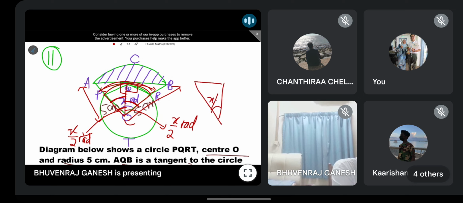You have x bahagi 2. Yang ni adalah 5 because it's the jejari of the bulatan. You want to find this. Kamu nak cari yang ni. So we will use soh cah toa. Mana satu kamu akan guna? Hello guys. So cah or toa? Which one you will use for this question?